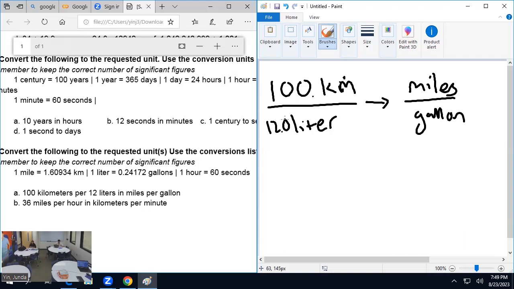What did you say you got? 55.5 miles per gallon. I should have calculated the answer first. I probably got it wrong.